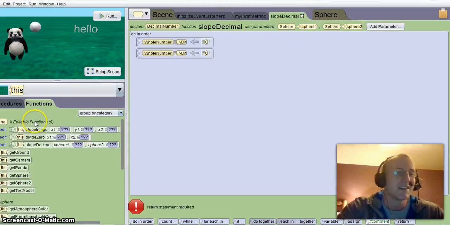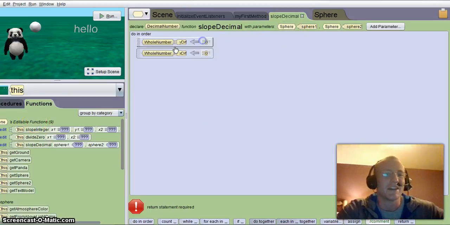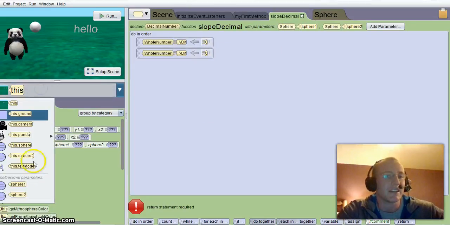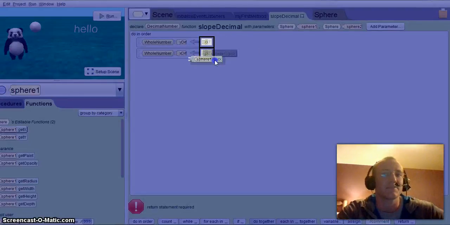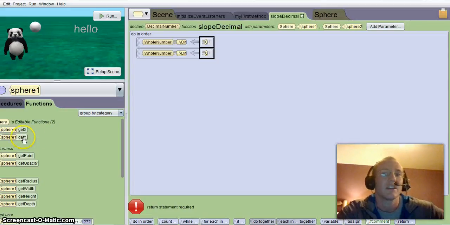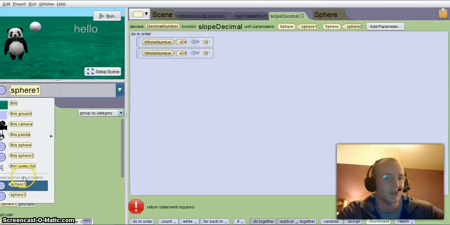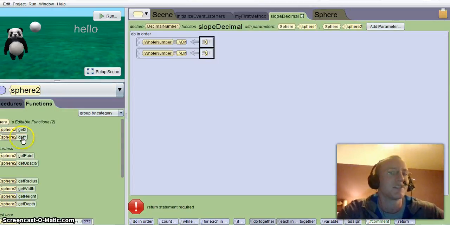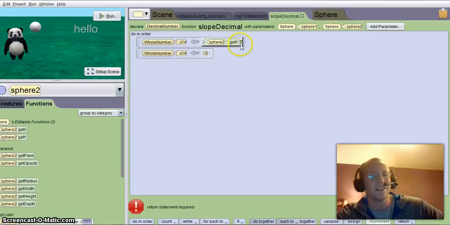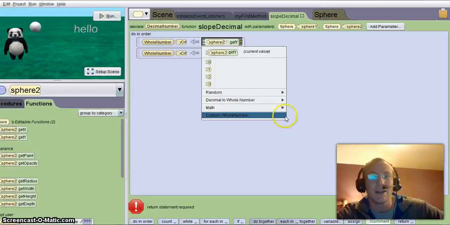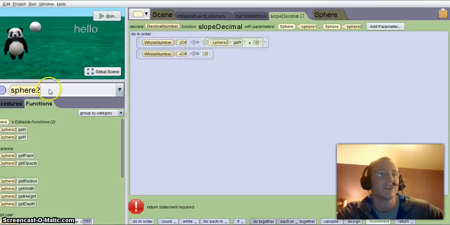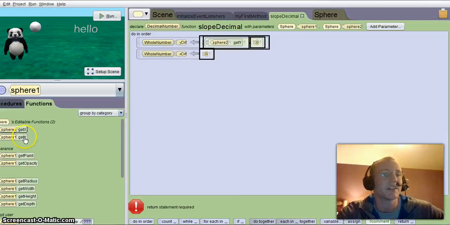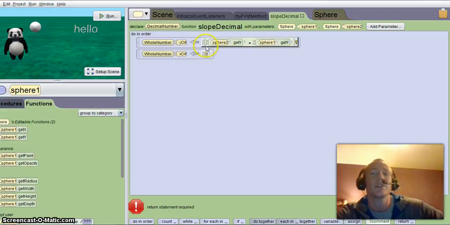Sorry about that. So to do that, you can click in sphere 1 and get x. No. We want to do sphere 2's get y math minus any number, and sphere 1 get y.